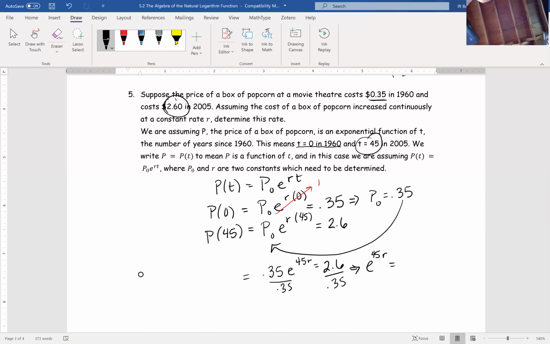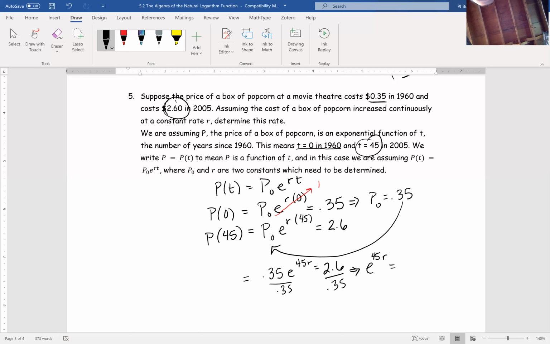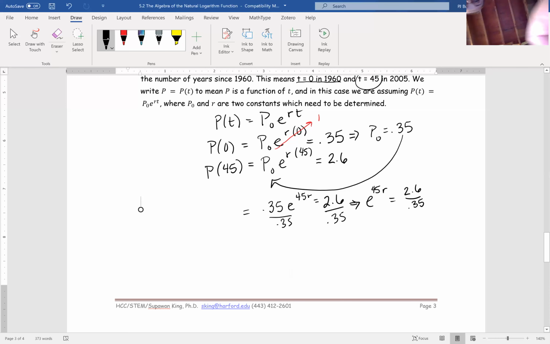I think it was nice. Oh, maybe not. Let's just leave it as 2.6 over 0.35 for now. Then if we want to get rid of the e, we have to take the natural log of both sides.